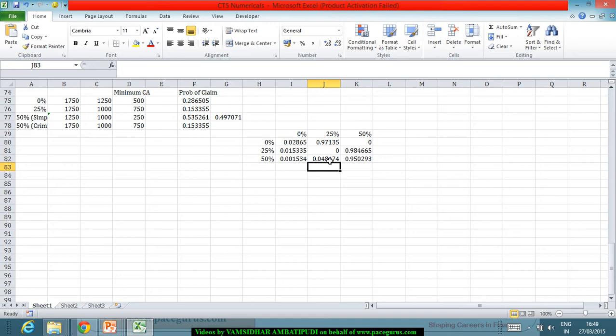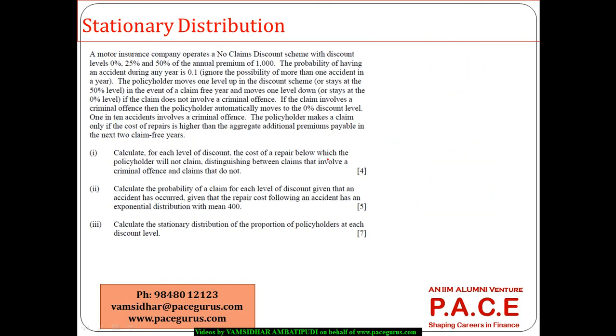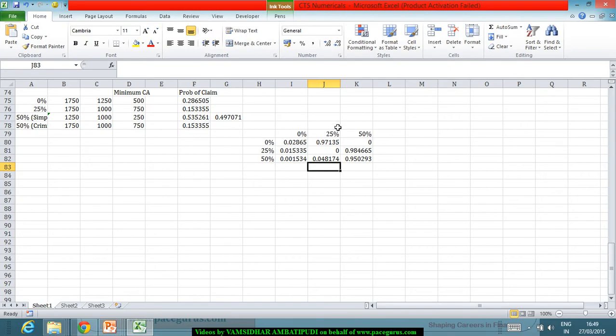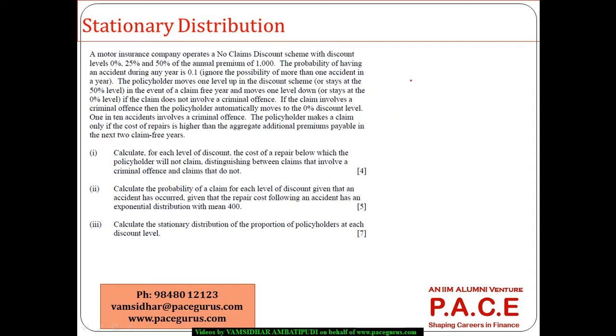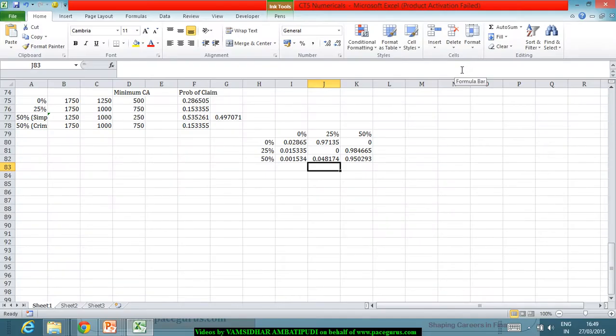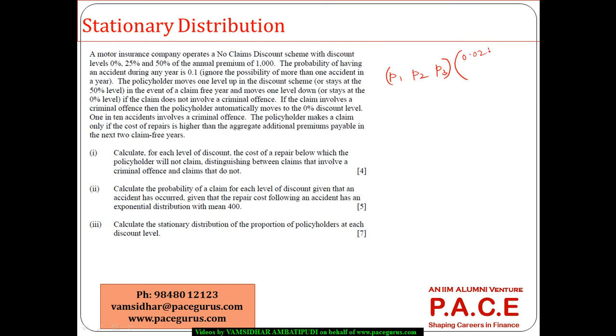And now we want to find out the stationary distribution. The stationary distribution for us comes out as pi P equal to pi itself. So I will take it as p1, p2, p3. This multiplied by the probability transition matrix: 0.028, 0.971 and 0.